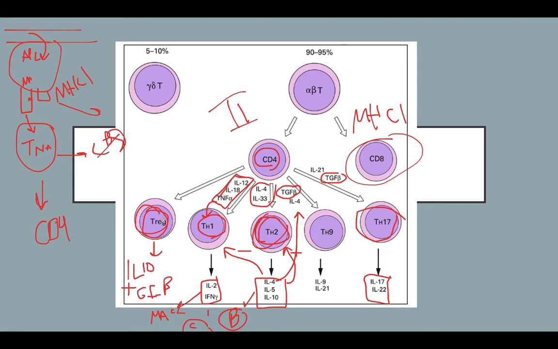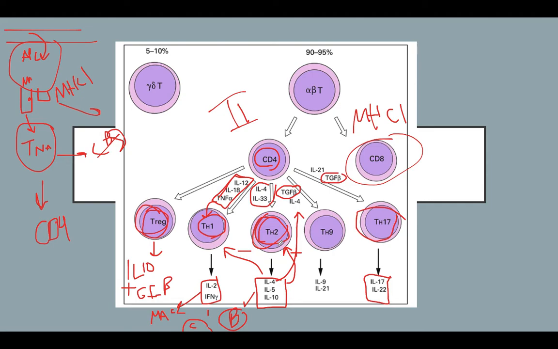Now you will be able to understand that, let's say the CD4 has been stimulated to produce this Treg. The Treg will produce the transforming growth factor beta that will also lead to the formation of Th9 and Th17. And interleukin 10 that is secreted by the Treg is also secreted by the Th2.